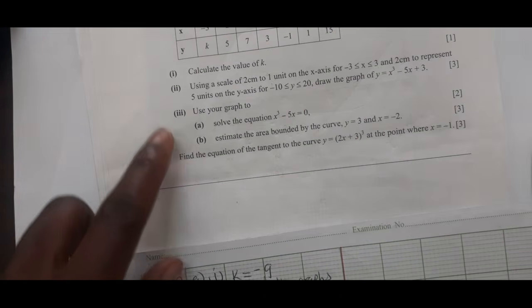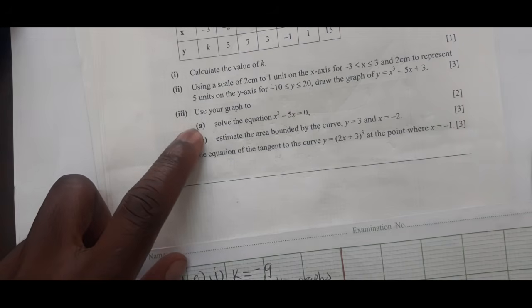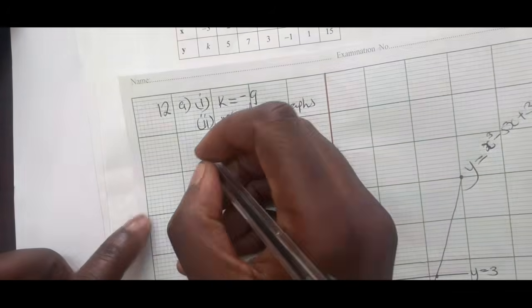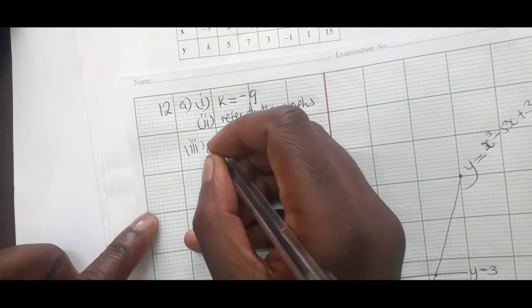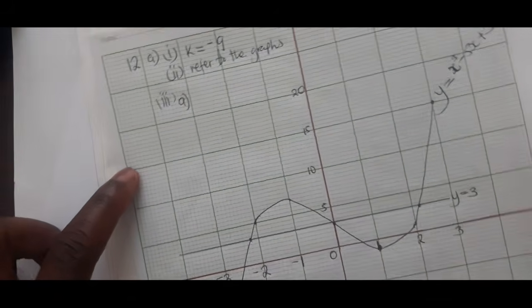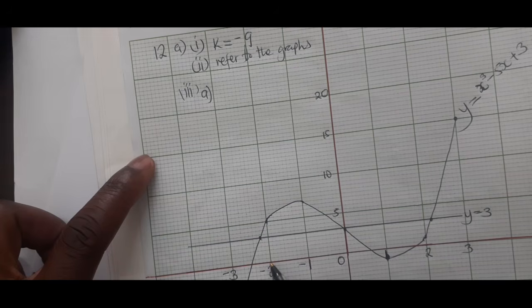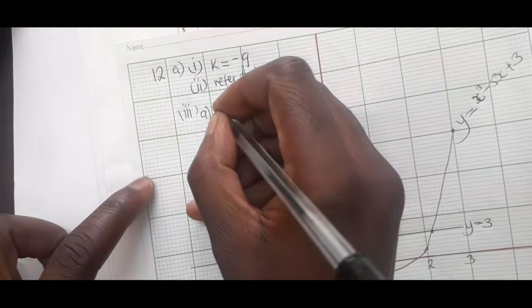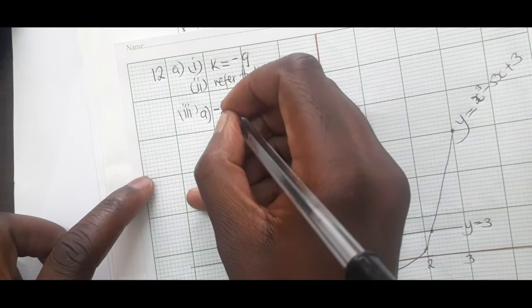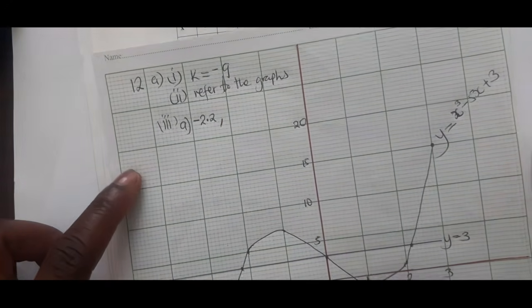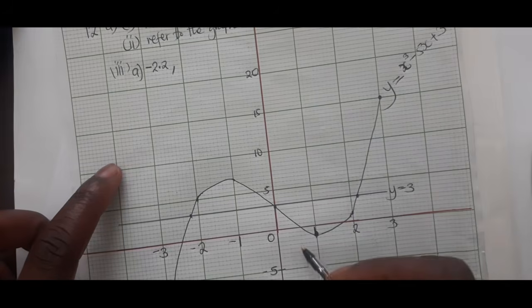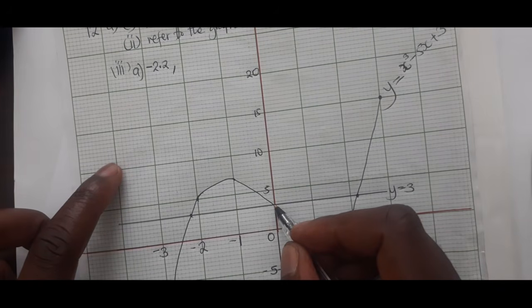This is Roman numeral 3a. So what is the x coordinate here? This is negative 2.12. This is the value of x, or x is equal to this point here.